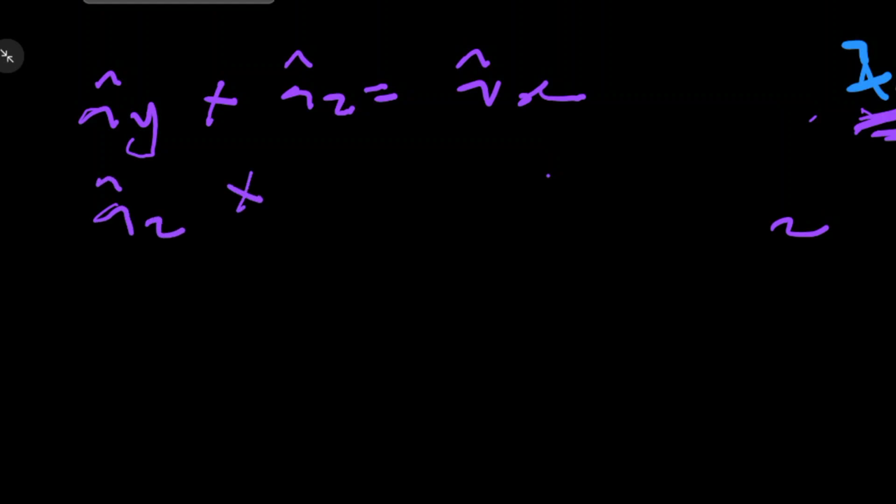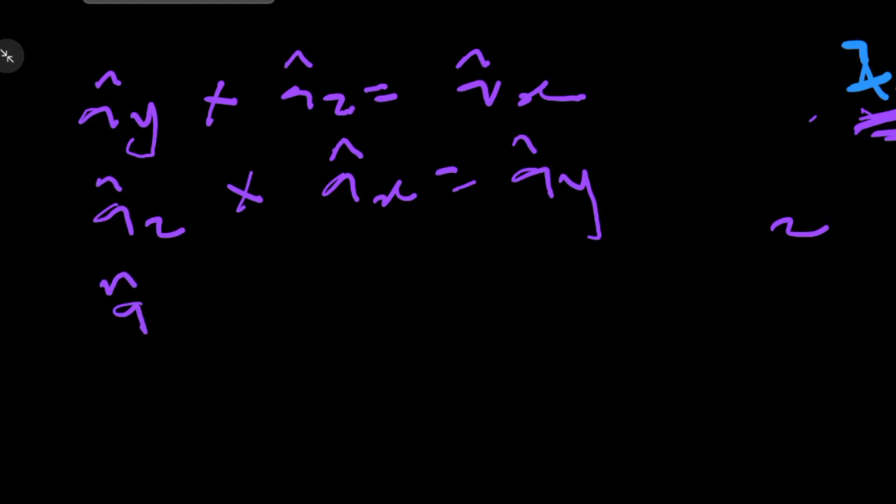So talking about the new unit vector, I would like to make some points here. If we have a unit vector on the y-axis times a unit vector on the z-axis, this should be equal to a new unit vector on the x-axis. If we have z multiplied by x, we should have a new unit vector on the y-axis.